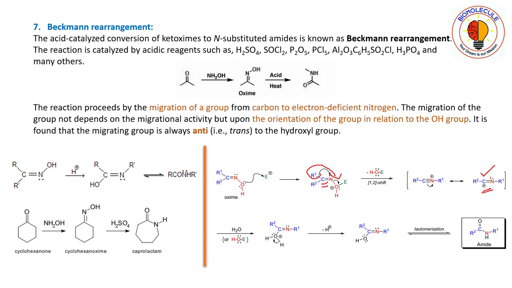So nitrogen has a lone pair of electrons, so it can stabilize this carbocation through resonance. So nitrogen will now stabilize this carbocation through resonance, so you are getting this one.